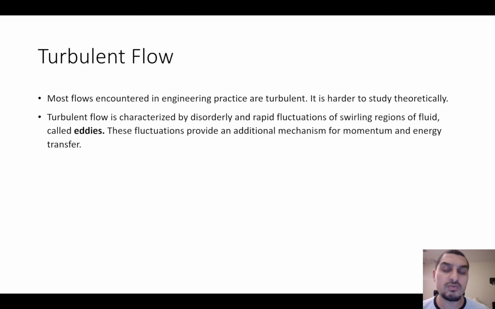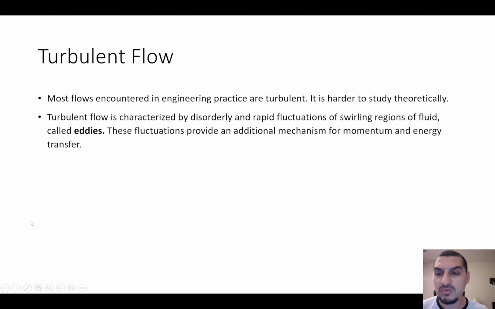Turbulent flow, the main reason is that it is a very chaotic flow, meaning that at a specific point the flow velocity and direction cannot be predicted easily. So there is a random motion of the liquid.